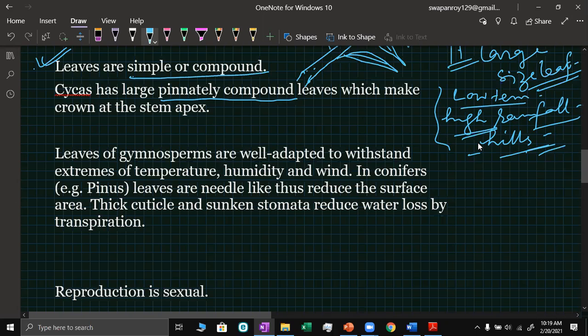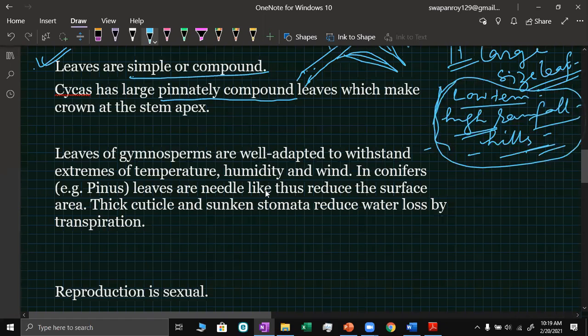But the gymnosperms, though growing in hilly areas in low temperature with quite high rainfall, show xerophytic characters.